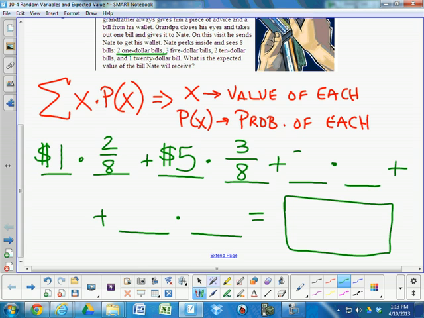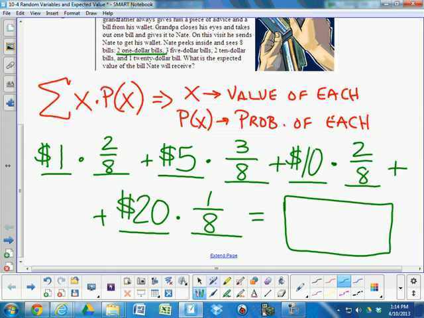Yeah, $10. And we multiply that value times how many there are out of how many total bills there are. And finally, there's a 1 in 8 chance that he'll get a 20. Sorry, Nate, no Benjis. Or grants. You know what grants are? 50s. Yeah. So, let's go ahead and calculate that and see what we get.